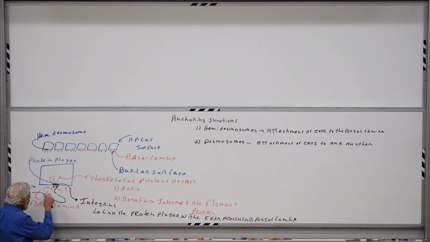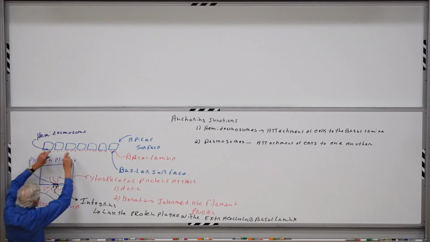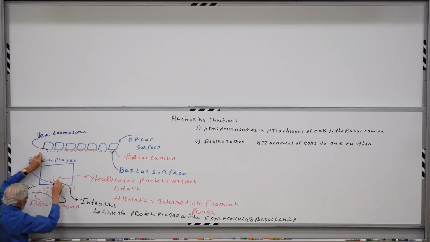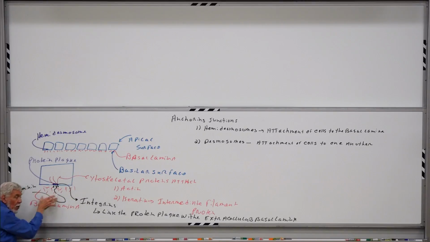To give you some sense of how important these proteins are, there are some individuals who have mutations in the integrin molecule. The integrin molecule doesn't assemble properly, doesn't come across the membrane properly, doesn't make a proper fit with the extracellular protein matrix. These individuals have a very unpleasant life. The least little friction between the epithelium and the underlying basal lamina, we'll see a little later being the epidermis and the dermis, will tear these cells loose and basically tear the epidermis loose from the underlying basal lamina.